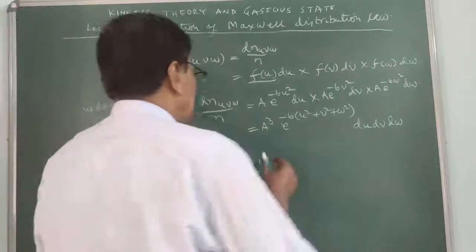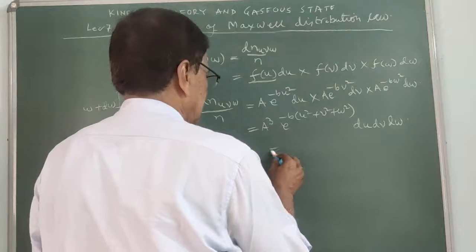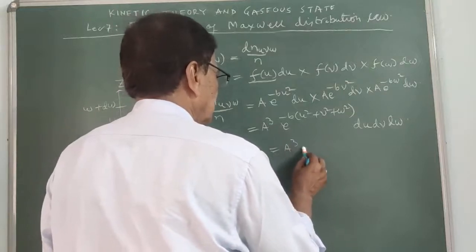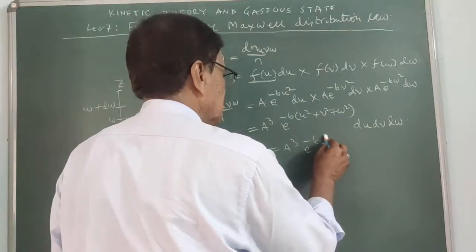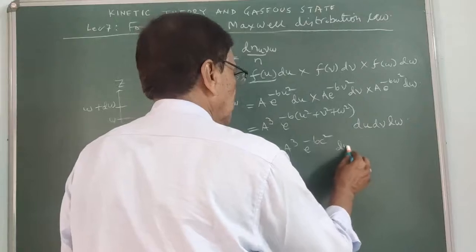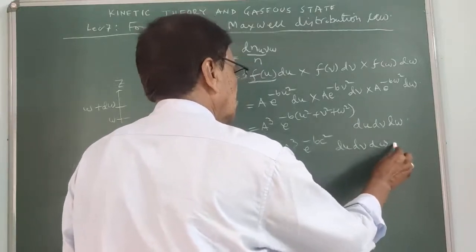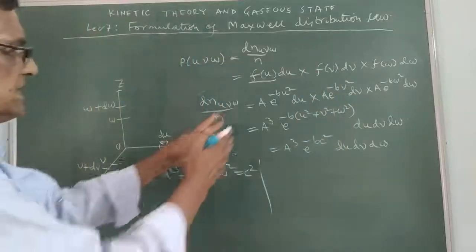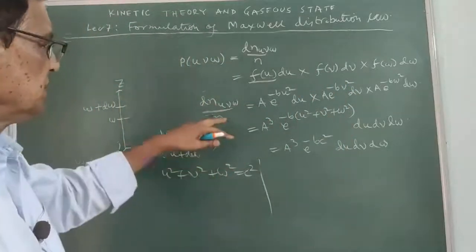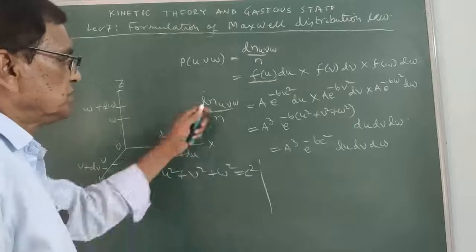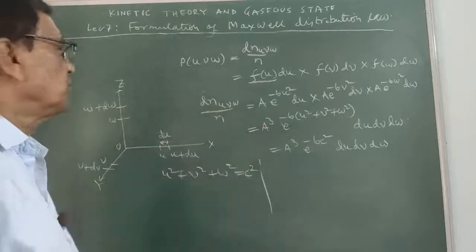So it could be written as A cube e to the power minus b c square du dv dw. So this is in Cartesian coordinates, the velocity distribution of the molecules in Cartesian coordinates.